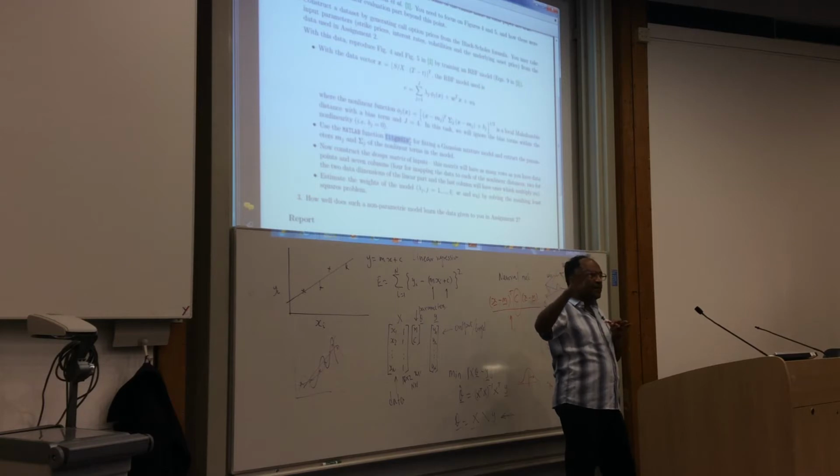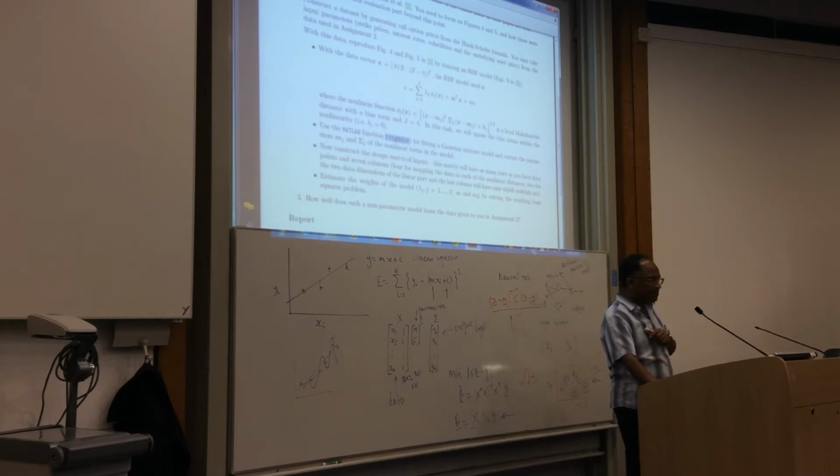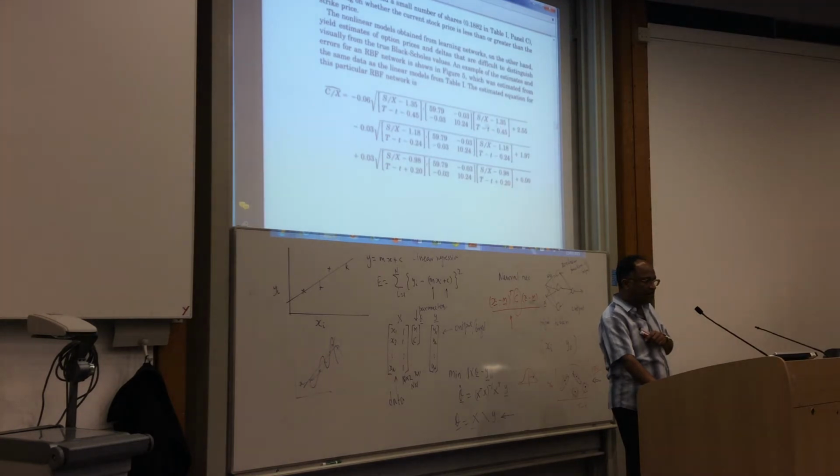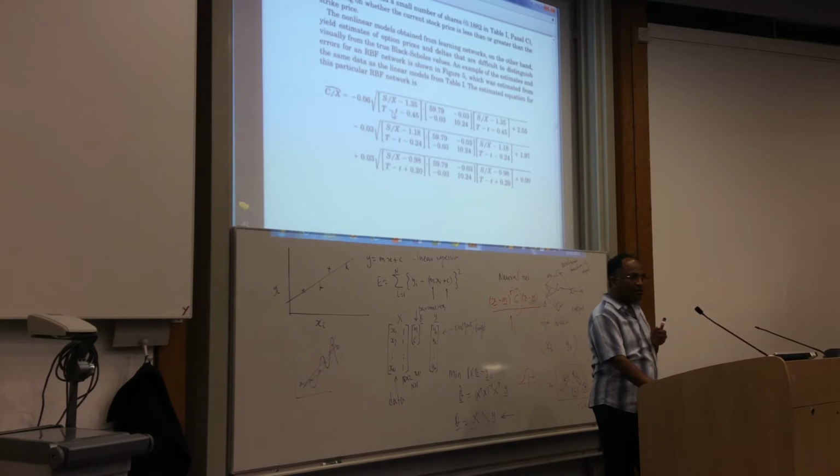Is everyone happy that if you were to run this program here, what we have worked out are the numbers inside the square roots? As soon as you give me the data, S over X and T minus t, I can compute everything inside, because this program has given me these numbers.